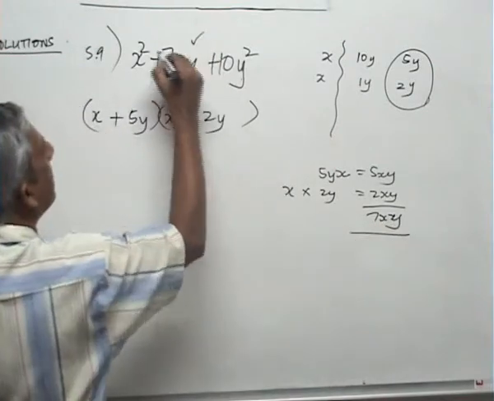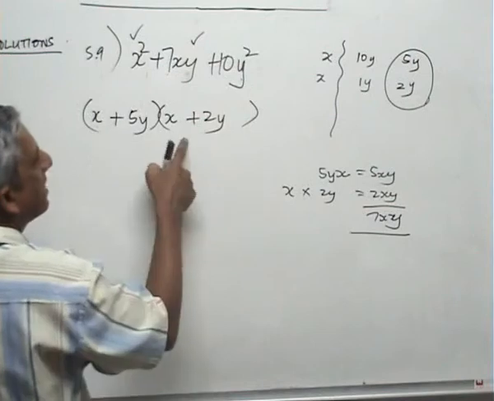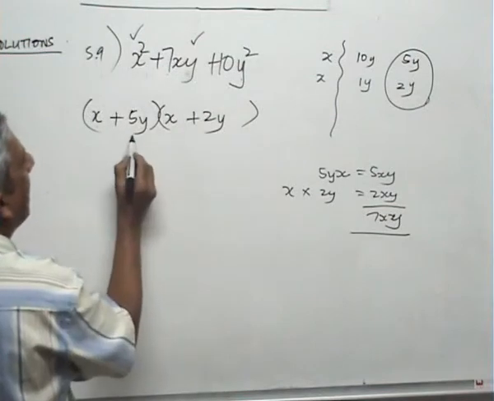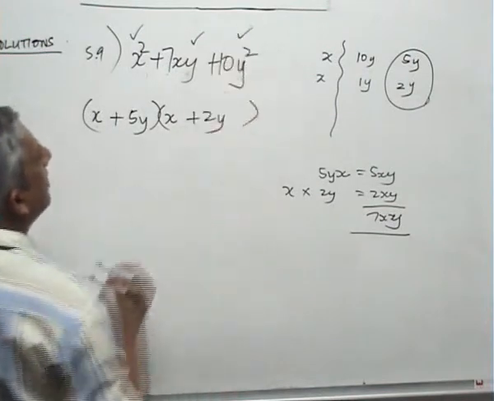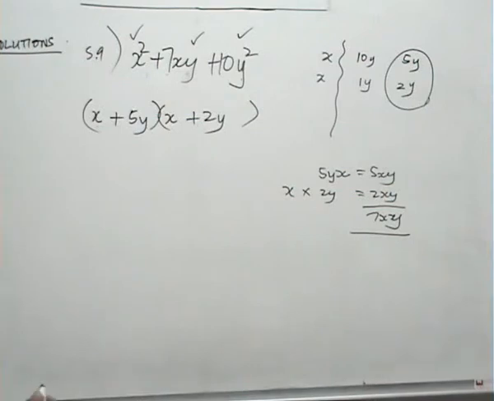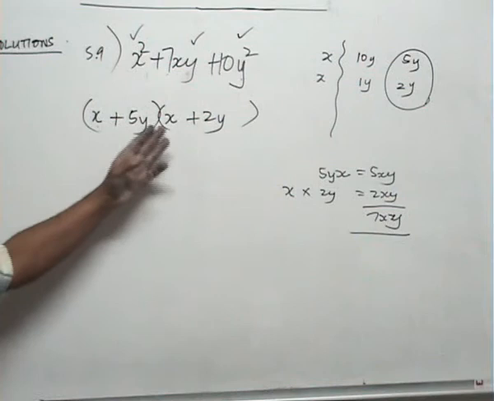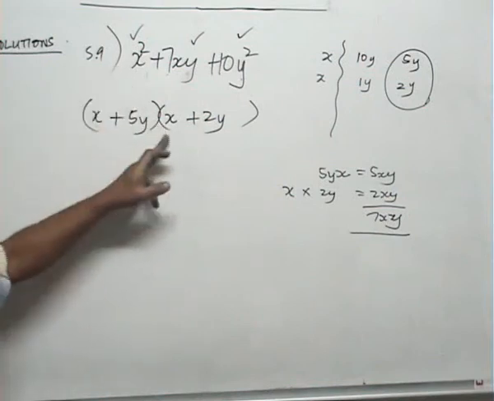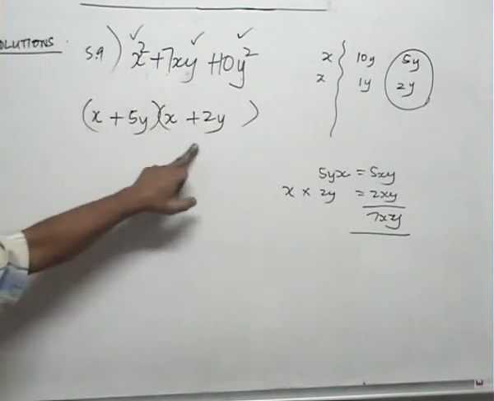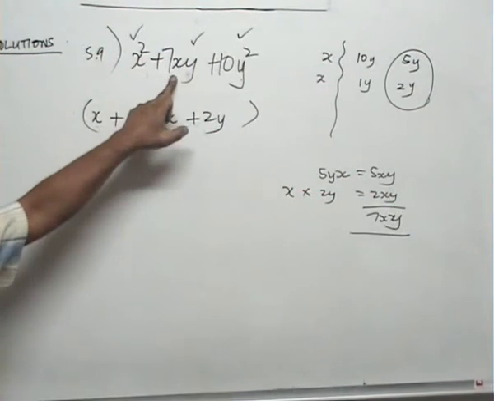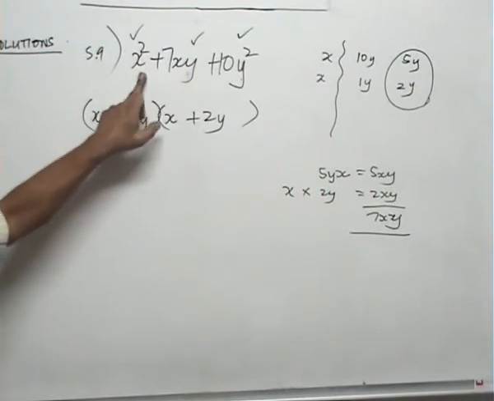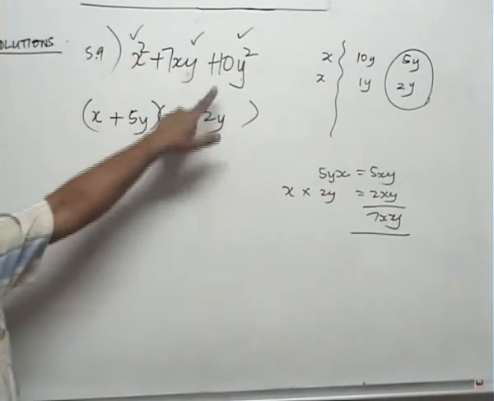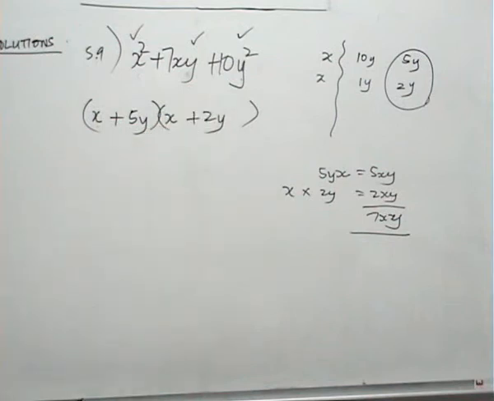So you got the middle term. x times x gives you x squared. And 5y times 2y gives you 10y squared. Right? So you got to test it out like that. You got to multiply. x times x gives you x squared. 5yx plus 2yx gives you 7xy or 7yx. It's the same thing. And then 5y times 2y gives you 10y squared.